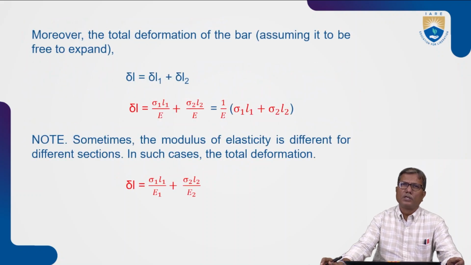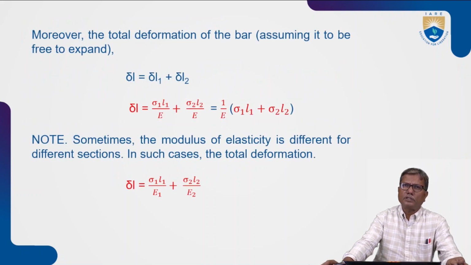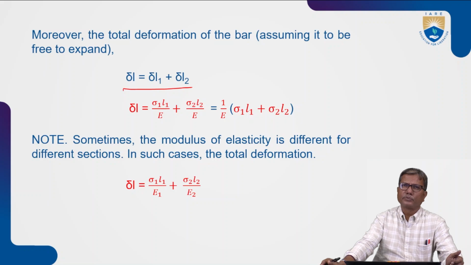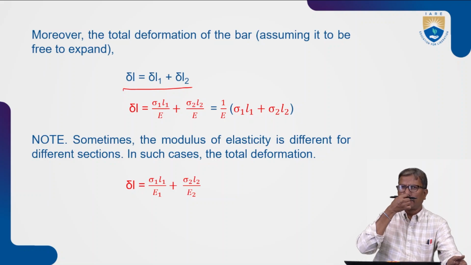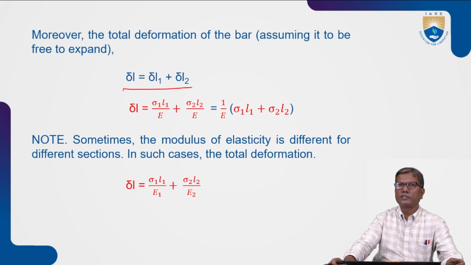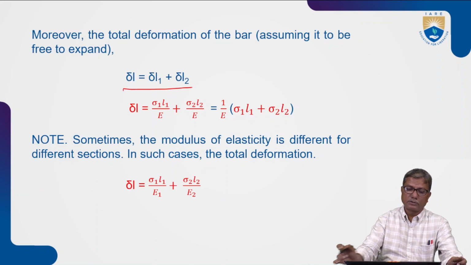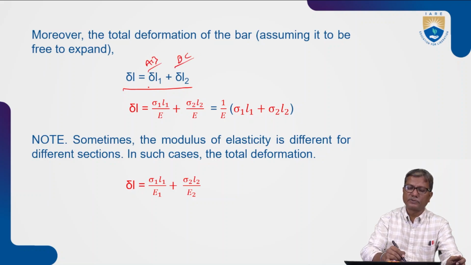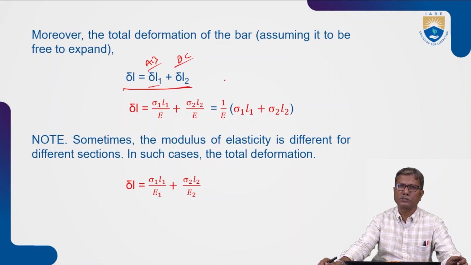And moreover, the total deformation of the bar, assuming it to be free to expand, that means if the bar is free to expand without support at one end, the total expansion is given as delta L equal to expansion of portion AB and expansion of portion BC. Sum of the expansions of two portions.